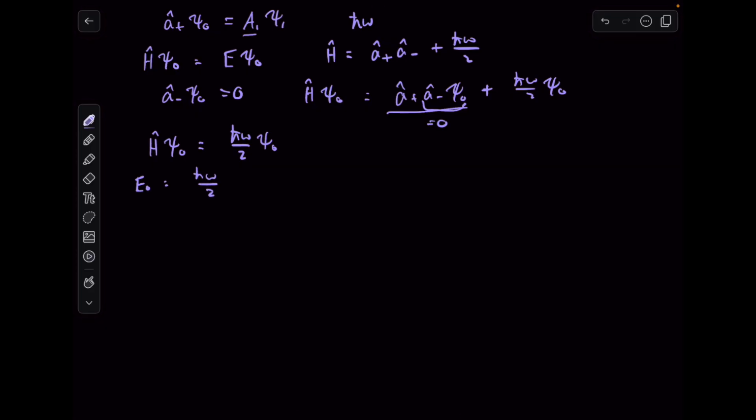And we know that the energy gaps are h bar omega. So if we want to go to the nth excited state, which is just E sub n, we have h bar omega over 2 plus n h bar omega. Now to rewrite this, we can pull out the h bar omega. We have h bar omega times n plus 1/2. So these are our energy levels.